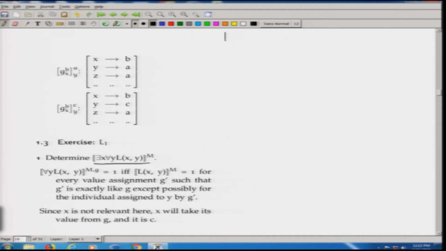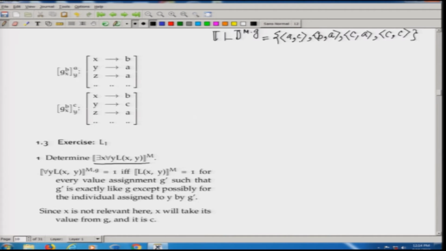The value of L with respect to M and G is AC, BA, CA and CC. So if we interpret L as likes, then it means that A likes C, B likes A, C likes A and C likes C, and nobody likes anybody else in this model. That's what it is trying to say.